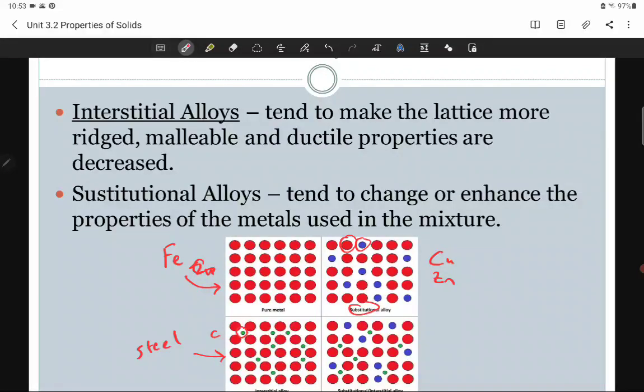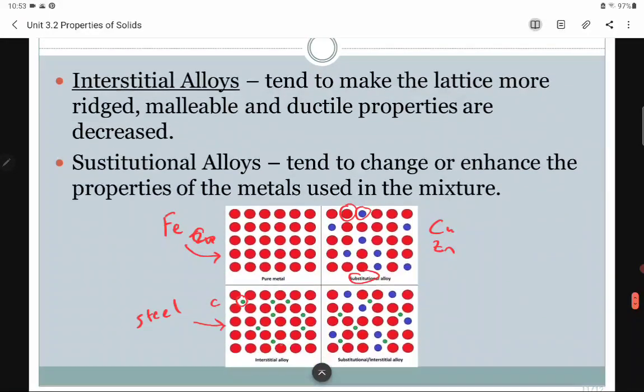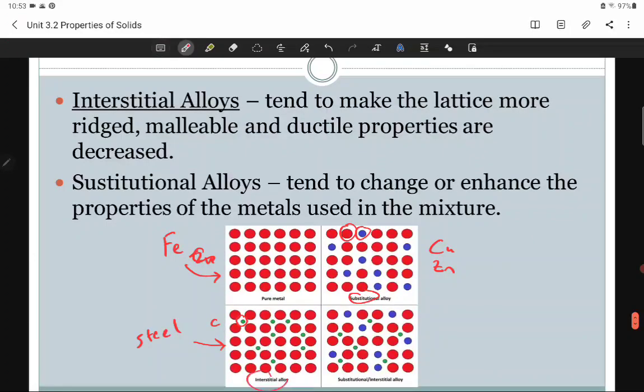So substitutional, you take some of the atoms out, replace it with another atom that's close to the same size. And then interstitial, you just insert smaller atoms in between the spaces where there are no atoms of metal.